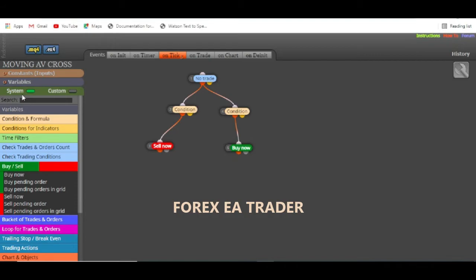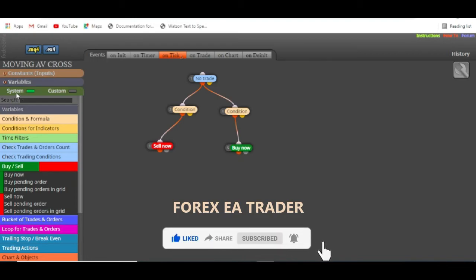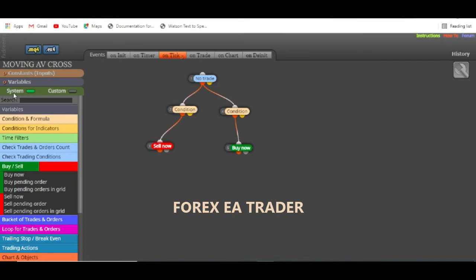The good thing about learning programming, whether you are using this tool or learning MQL5 or MQL4, is one secret: developers and programmers get access to the best strategies in the world, because people want to turn those strategies into automated trading or Forex robots. So most of the time, people are approaching developers and programmers, asking them to turn their strategies into systems and robots. So you actually get the best in the world for free. That's one of the advantages.